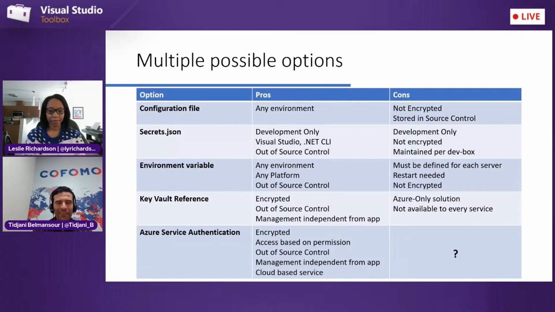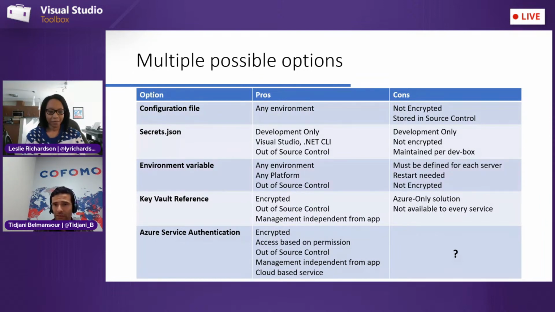You can't use this secret information once you deploy the application, so you have to find another way. You have to manage at least two different ways of storing secrets: one for your development purposes, and one for your production or staging environment.